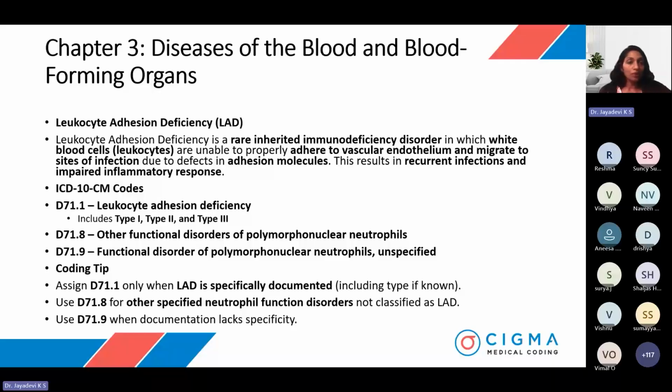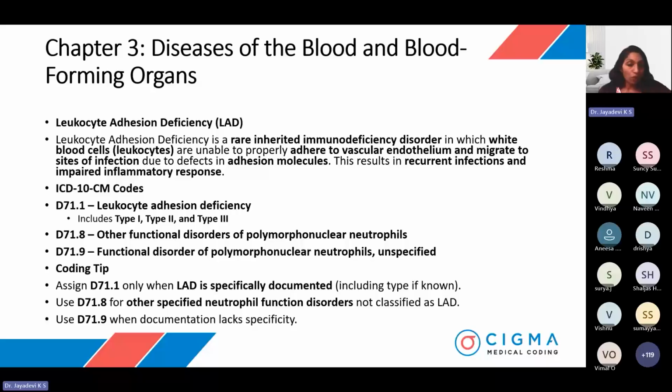This is a condition for which the ICD-10-CM new codes are D71.1, D71.8, D71.9, specifically for leukocyte adhesion deficiency and other functional disorders of polymorphonuclear neutrophils. That's a granulocyte among leukocytes.